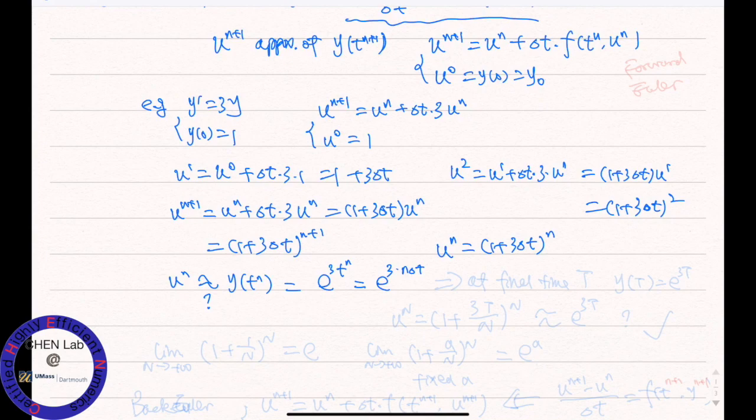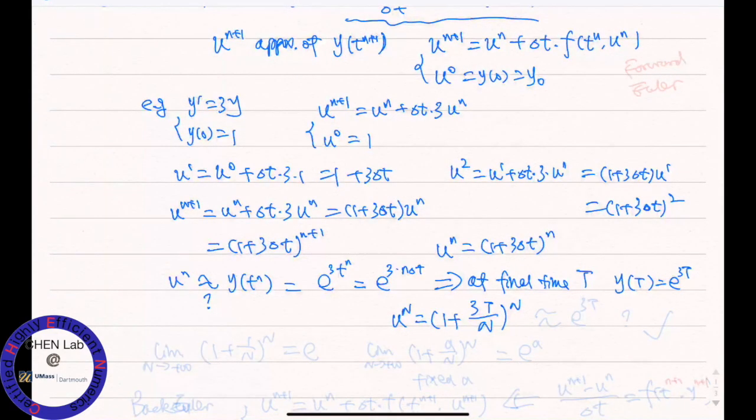In particular, at the final time, the right end of the interval, capital T, y of T should be e to the 3T, and our u at that n is 1 plus 3T divided by n, to the power of n, because 3 delta t becomes 3T divided by n.